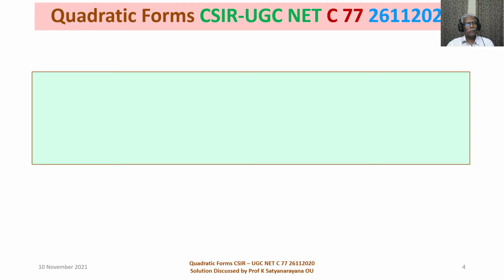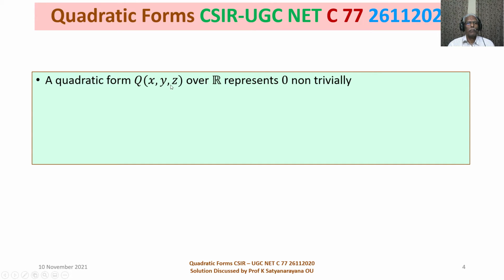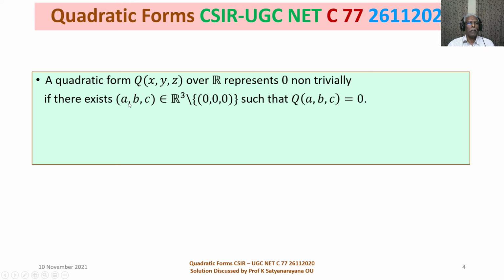The problem is: a quadratic form Q of x, y, z over R, the set of real numbers, represents 0 non-trivially if there exists a triplet a, b, c belonging to R cube, other than the 0 triplet, such that Q of a, b, c is equal to 0.